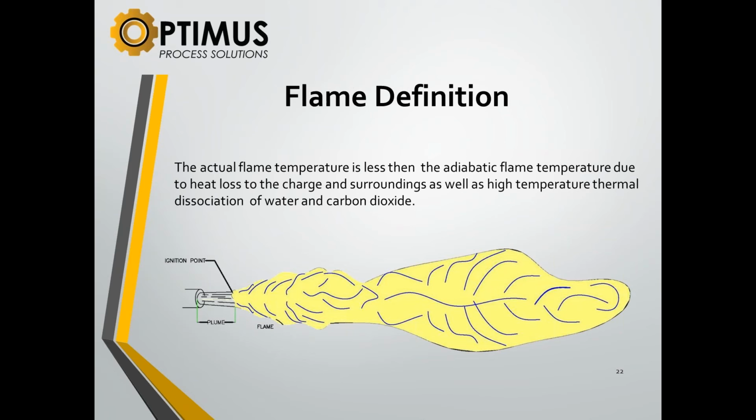Also, the flame is so hot that the water can actually break down and go back to hydrogen. Oh, wow. It's called dissociation. And the carbon dioxide can actually break down, even though it's been burnt once. It gets so hot in there, it dissociates and becomes carbon again and then reburns.